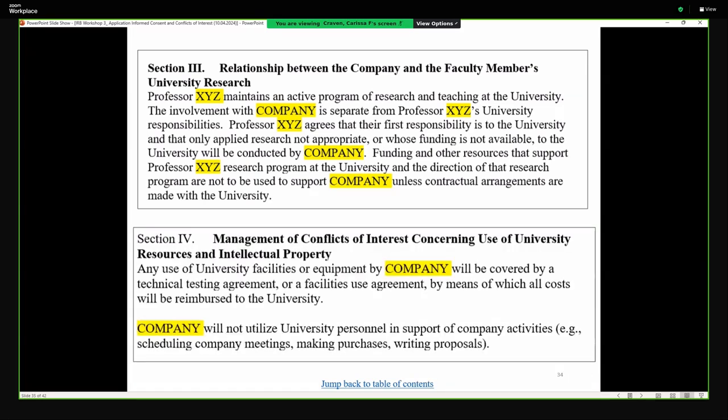Section 4 is managing it concerning university resources and intellectual property. Without permissions in place, you should not be using university resources for a non-university position, but there are instances where agreements can be signed, permissions can be given. It's just making sure all your I's are dotted and your T's are crossed.